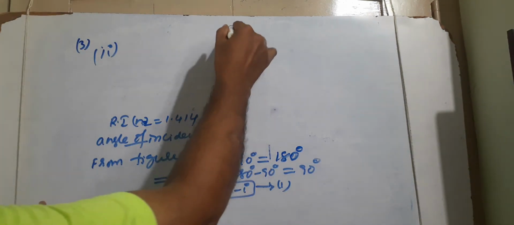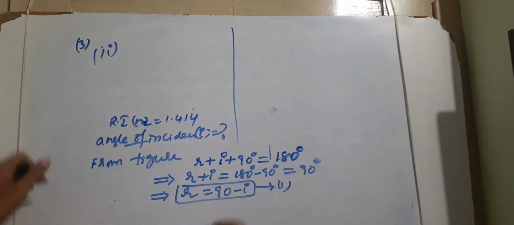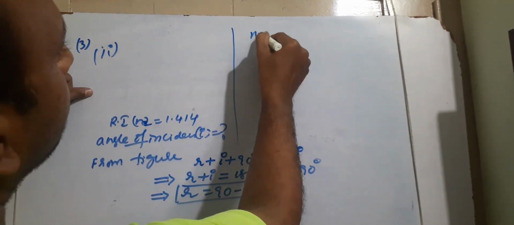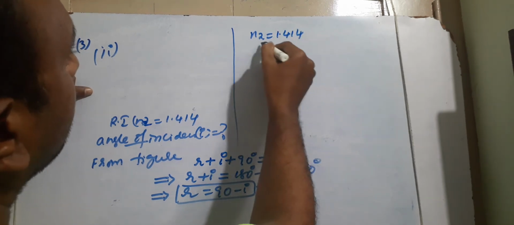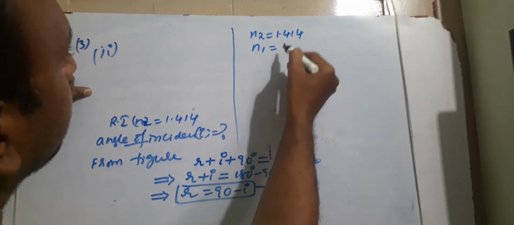Now, continuation of this, students. The n2 value is already calculated as 1.414, and the refractive index of air is approximately 1.